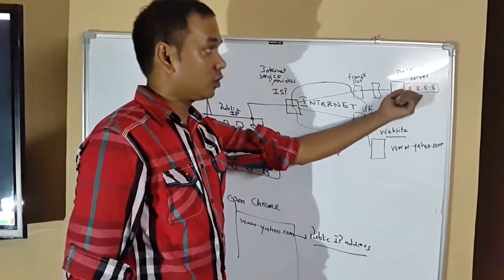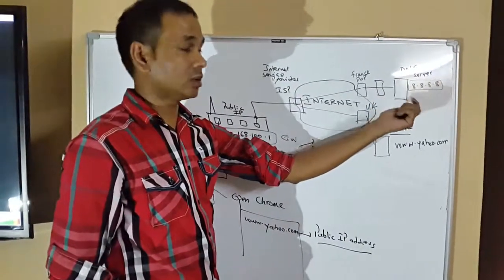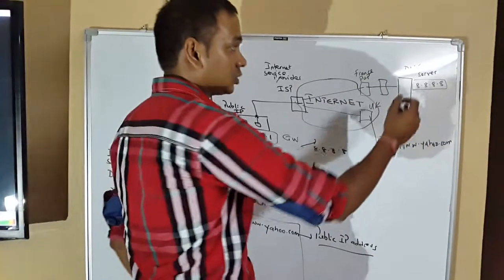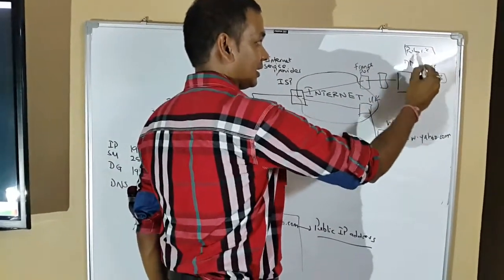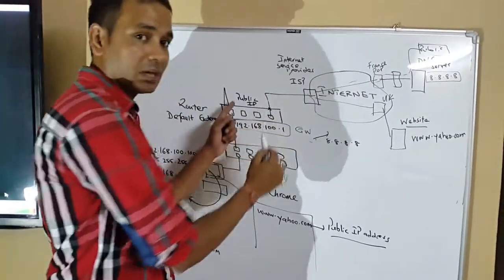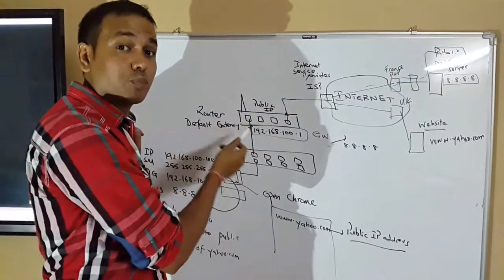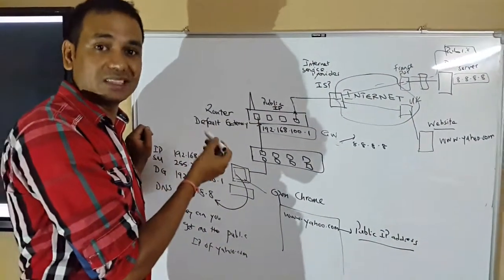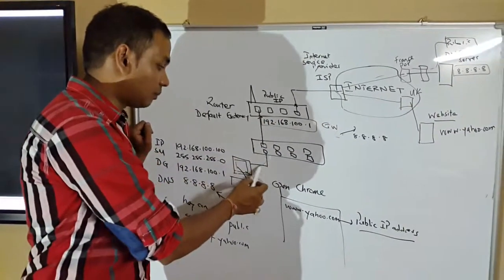It will ask the Google DNS server to give the public IP address of www.yahoo.com. As soon as you get the public IP address of yahoo.com, that routes back here to your public IP address of your router. Your router knows exactly which private IP address this request came from. It will route the information to that PC.